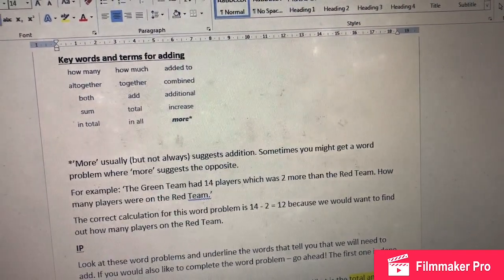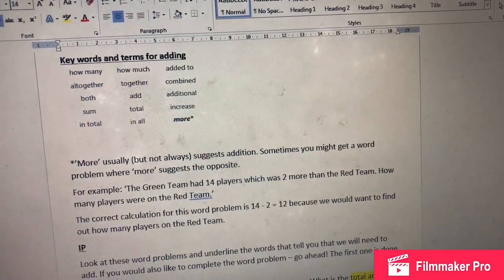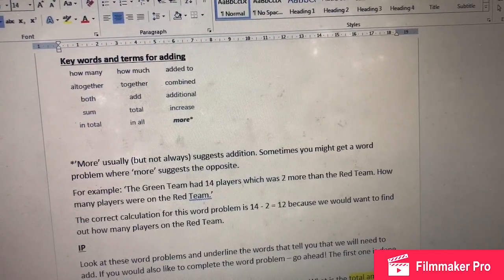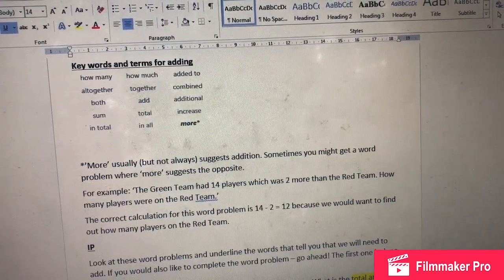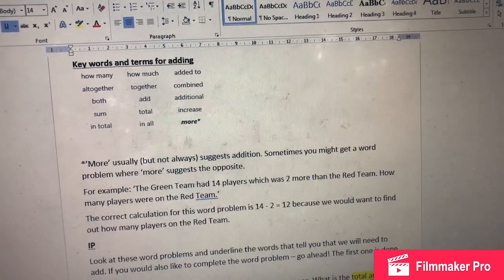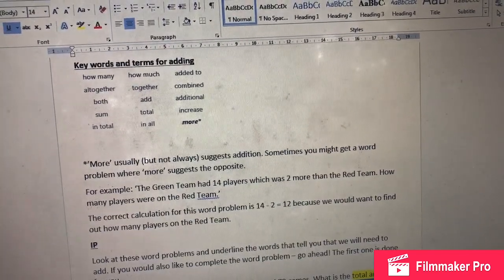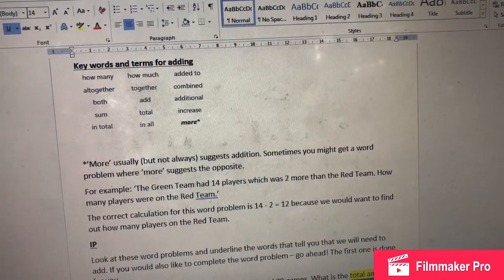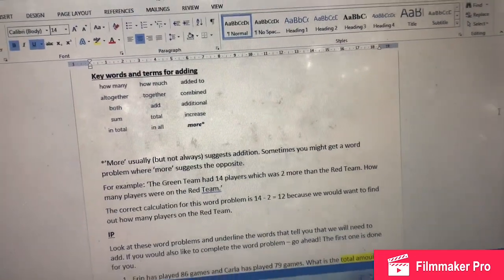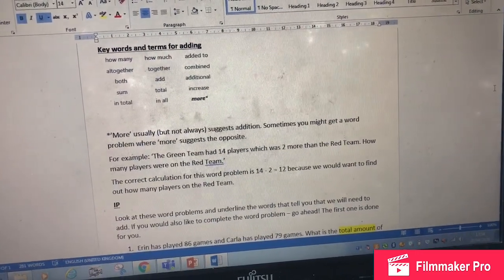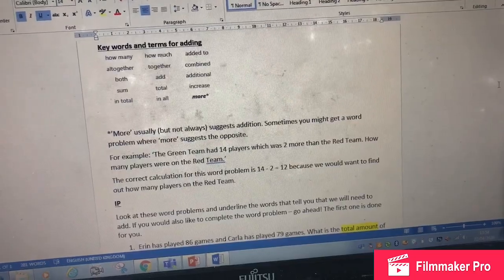The green team had 14 players. And to find out how many on the red team, we'd actually have to do 14 subtract 2, which would equal 12. So most of the time, the word more will mean that your word problem means you have to add, but sometimes they might put it in a subtraction question just to check your understanding.